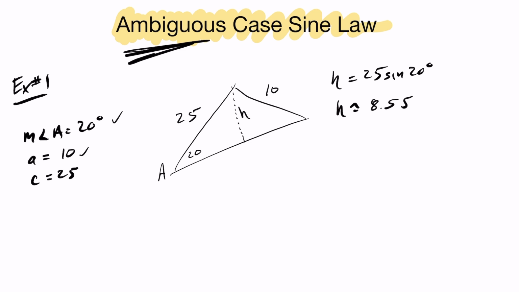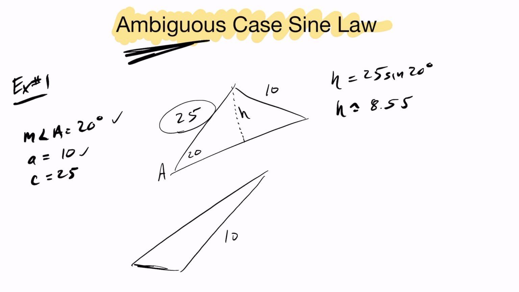However, I could have also kept the 25 just as it is, had the 20 just as it is, unchanged, and then I could have rotated this leg over here, and it would still be a 10, this would still be a 20, and this length would still be a 25. So you notice that I've redrawn my triangle as follows, and this still satisfies the condition. I have my 20-degree measure, I have my 10 for my length, and I have my 25 for the length of that side.